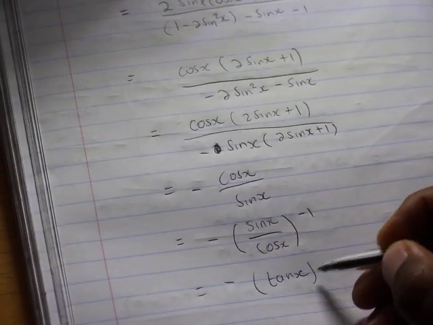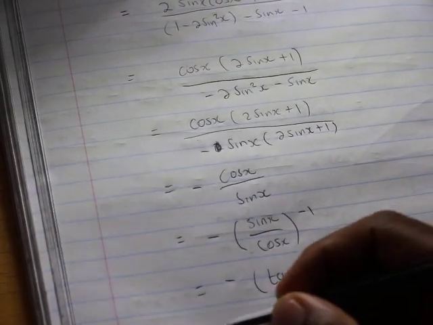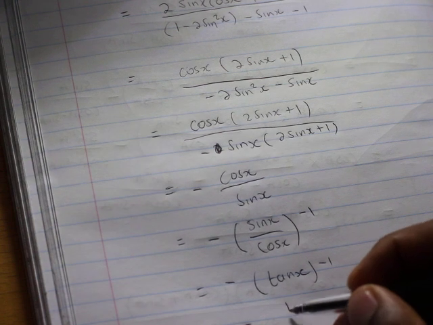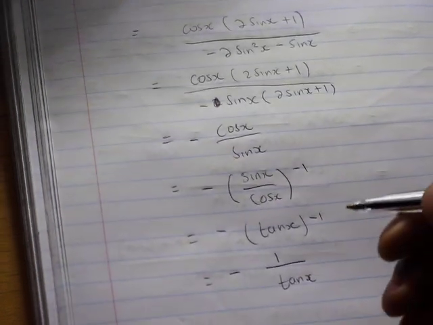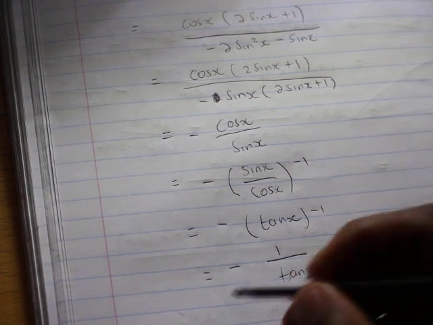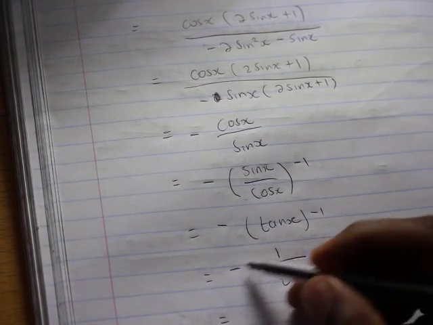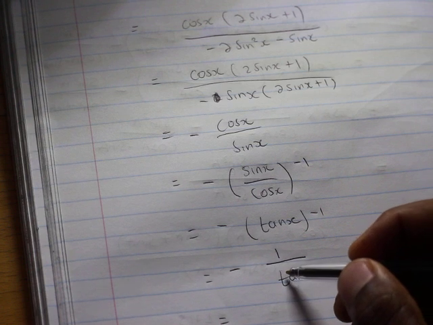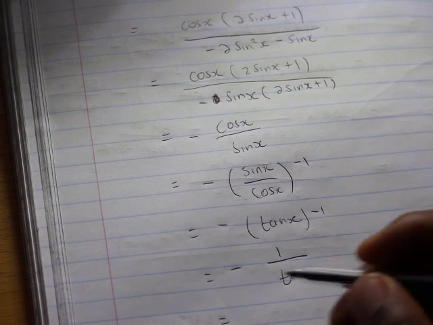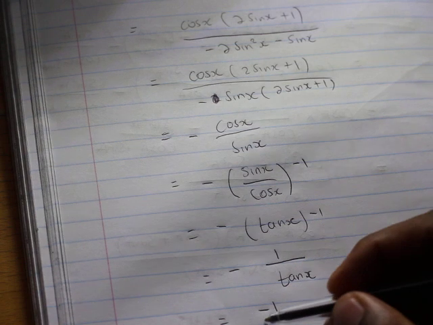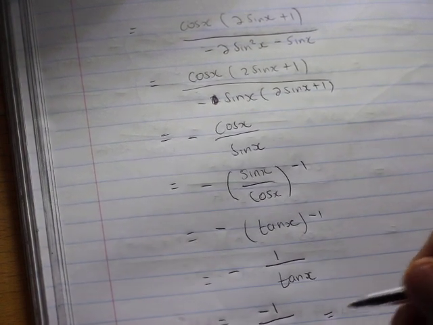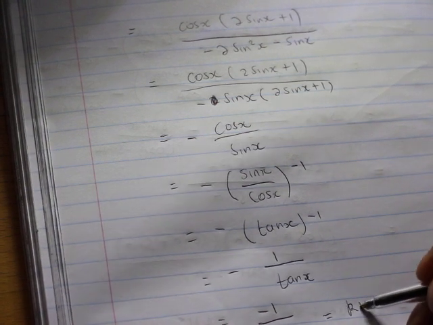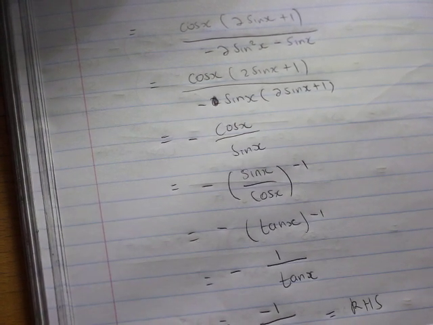Tangent of x to exponent negative 1. Now you guys know that negative 1 means it's 1 over tan x. The laws of exponents? Yes. So 1 over tan x. And I mean the negative, we can either put it in the denominator or there by the numerator. It doesn't really make any difference. And this is equal to the right hand side.